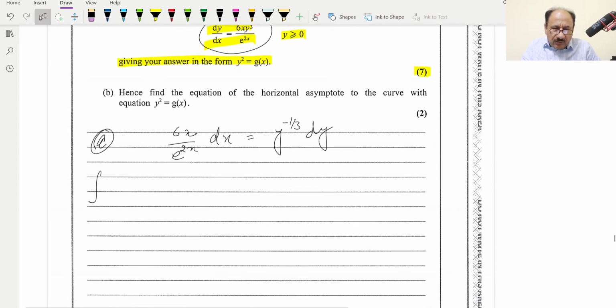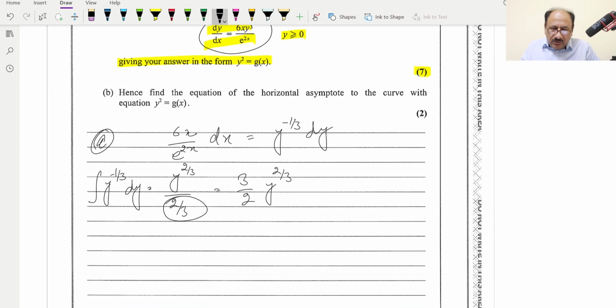So the integral of y raised to the power minus 1 by 3 dy will be, after integration, y raised to minus 1 by 3 plus 1, so it will be 2 by 3, divided by 2 by 3, and we can rewrite this as 3 over 2 y raised to the power 2 by 3.